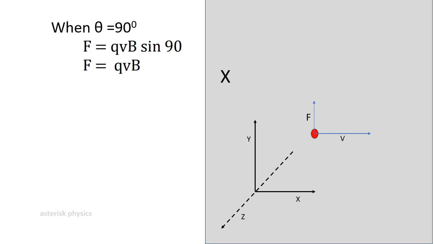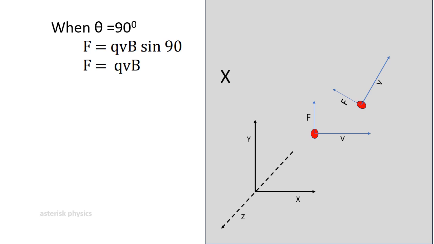So due to this magnetic Lorentz force, the particle will deviate from its original straight line path, and it reaches another point where the particle will have the same magnitude of velocity, and the velocity will again be perpendicular to the magnetic field. Hence, the magnetic Lorentz force will again be perpendicular to the velocity vector and the magnetic field vector.